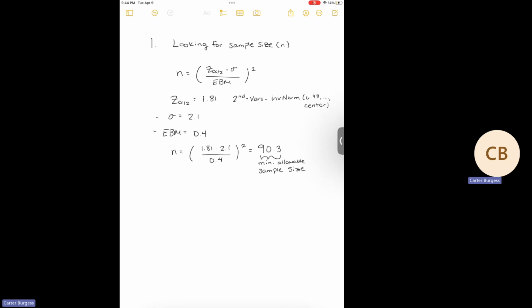We could use 1,000, we'd be perfectly fine. As long as we don't go below 90.3, we should be perfectly fine. In this case, generally speaking, with these, you will be asked to find the minimum sample size that we could possibly see. So the smallest number that is above 90.3 that we could use would be this n of 90.